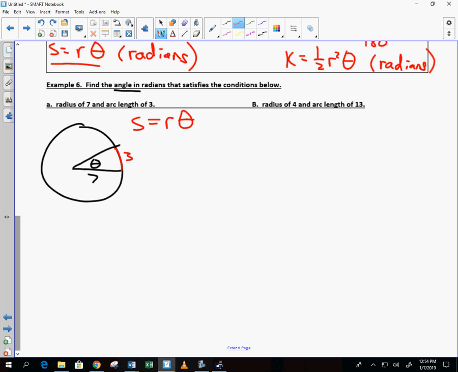S is 3, r is 7. So 3 over 7 is equal to theta. So theta is 3/7 of a radian, maybe like 25 degrees or something like that, but it produces a measurement in radians. You try the next one on your own.